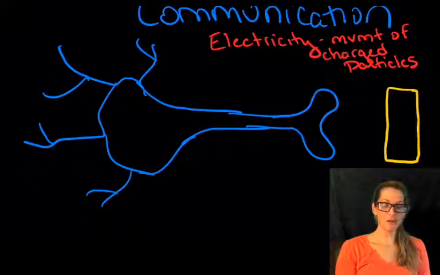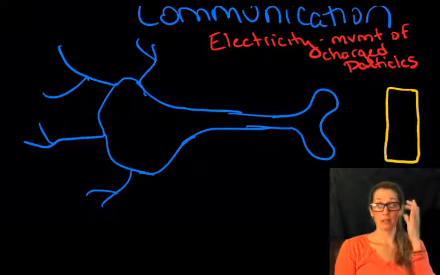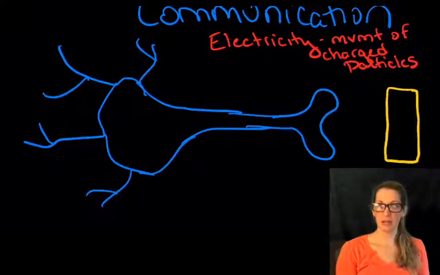If we're looking at our neuron, as clumsily drawn by me, the focus of understanding the physiology of the nervous system is understanding this electrical signal and how it's propagated.